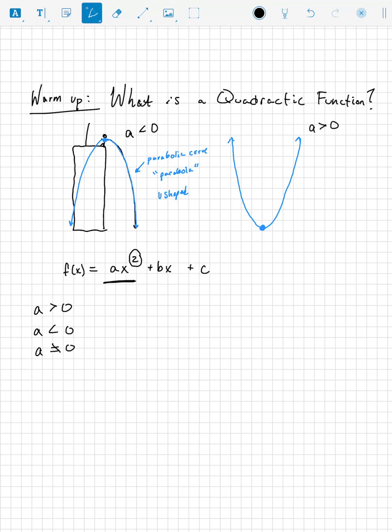So perhaps we could call my first curve of me dropping it off the building f of x equals the most basic of all quadratic functions, negative x squared. And the right side up U might look like f of x equals the most basic, just x squared.